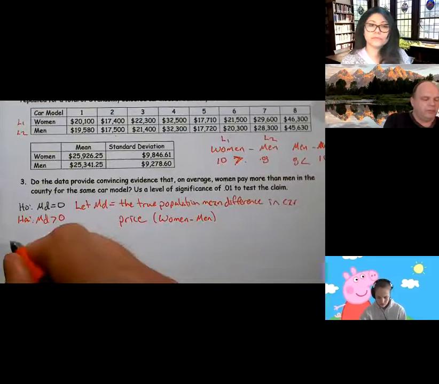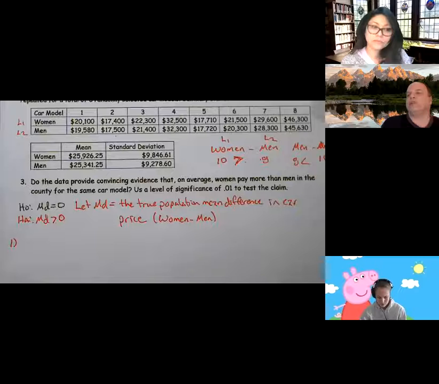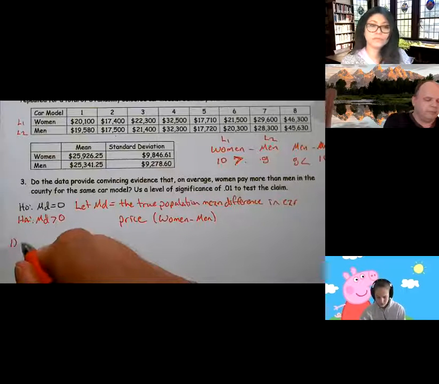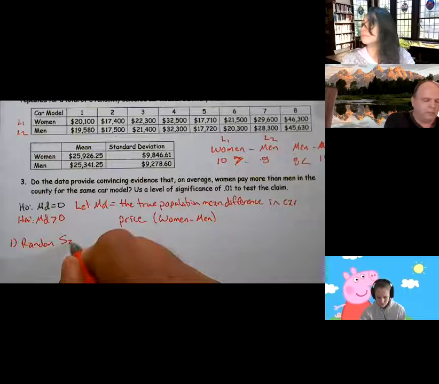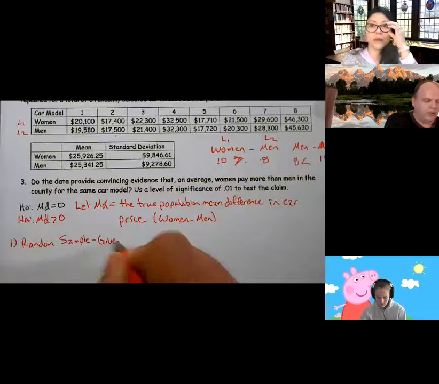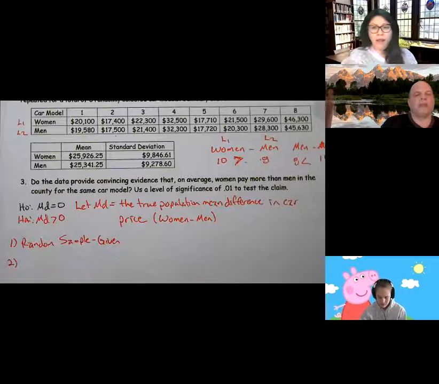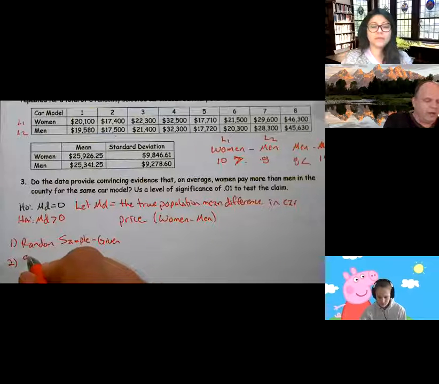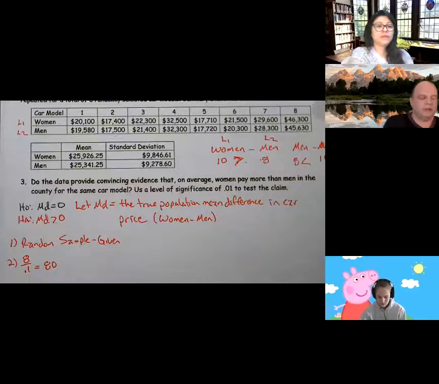Conditions. So what are my first conditions? First off, random sample given. Two, we need to check the 10% condition. Honestly, I have a little bit of issue on this one, but 8 divided by 0.1 equals 80.